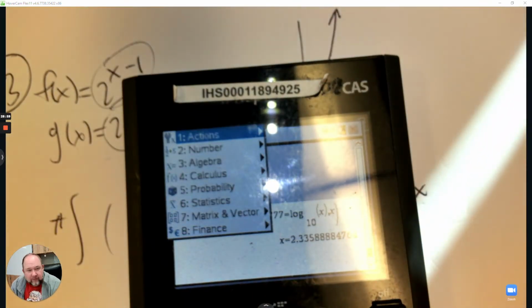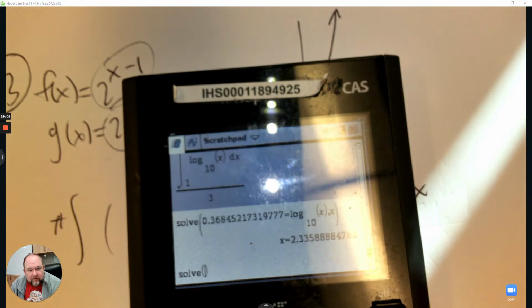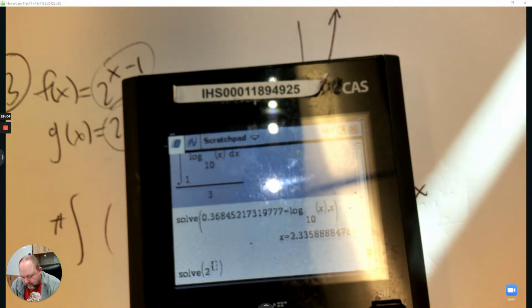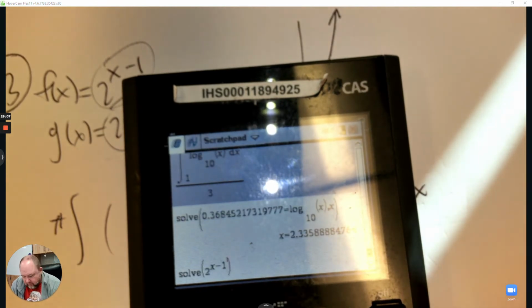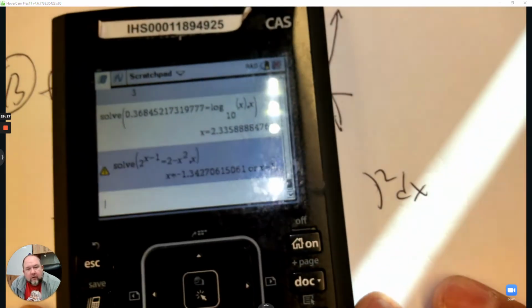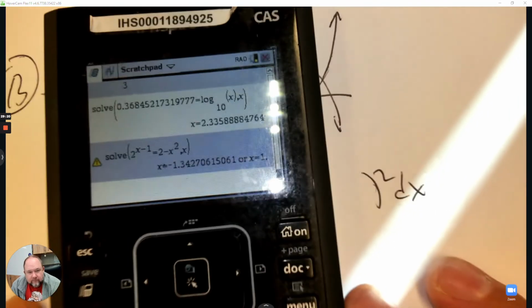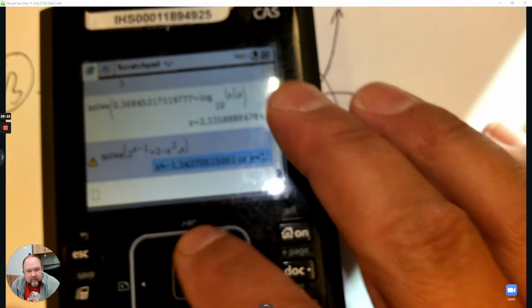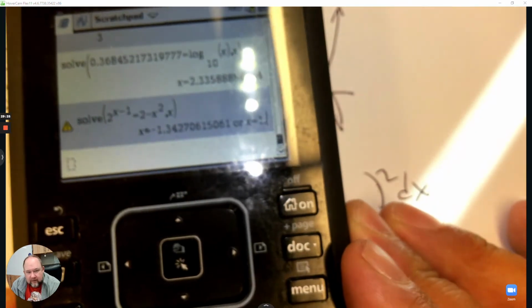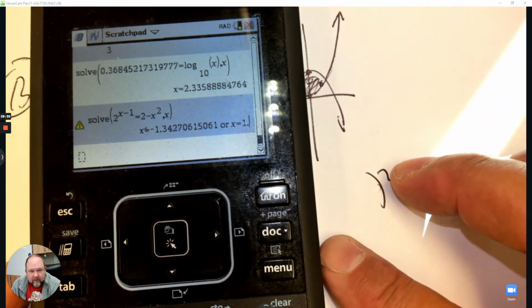So menu, algebra, solve, and it's 2 to the exponent x minus 1 equals 2 subtract x squared, comma x. And I get negative 1.3427 and so on, and then 1. There. So those are your bounds.